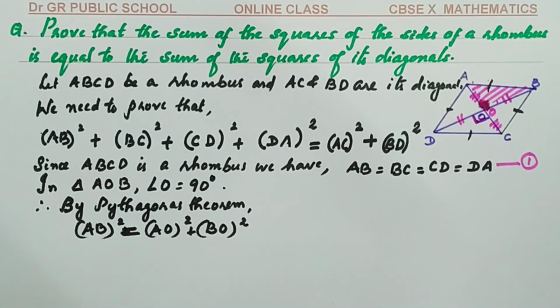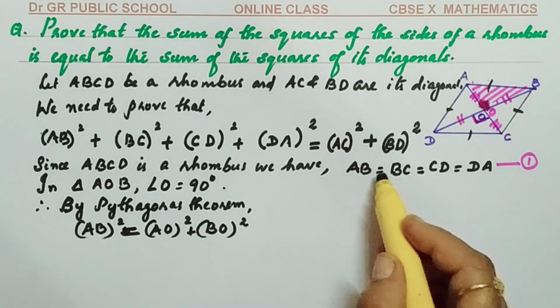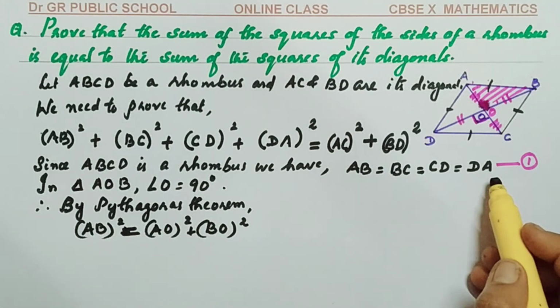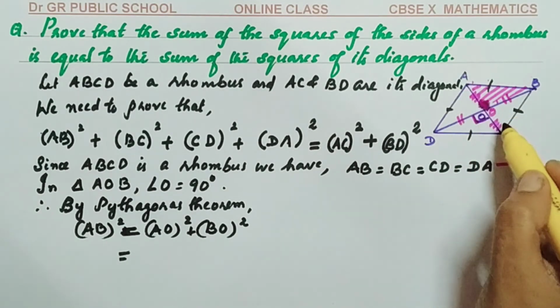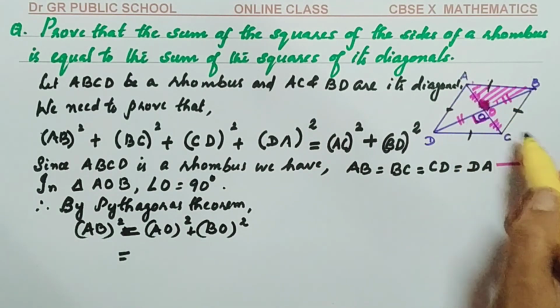So, first equation is all the sides are equal. The second one is applying Pythagoras theorem in any one triangle. AB square equal to AO square plus BO square. Now, what I am going to do, AO is half of AC. Am I right?